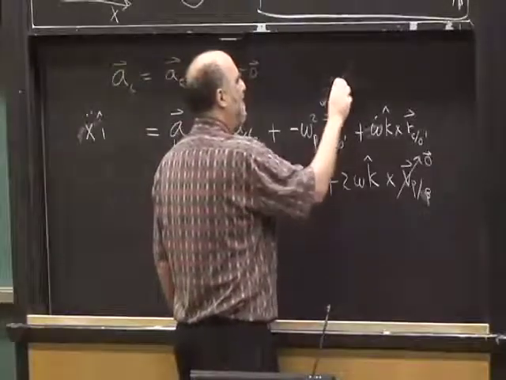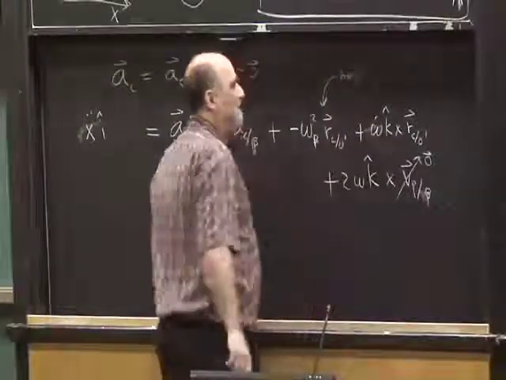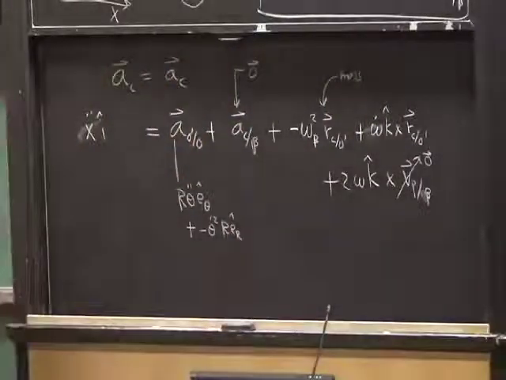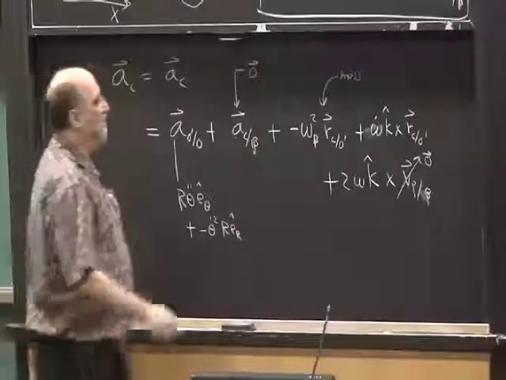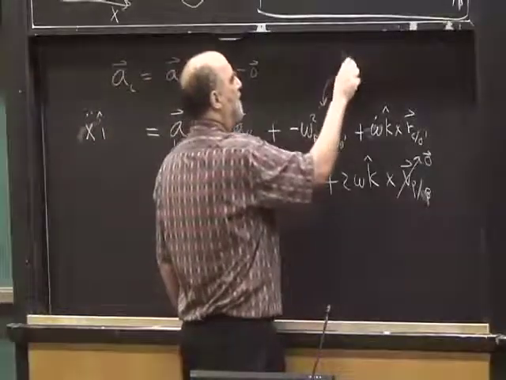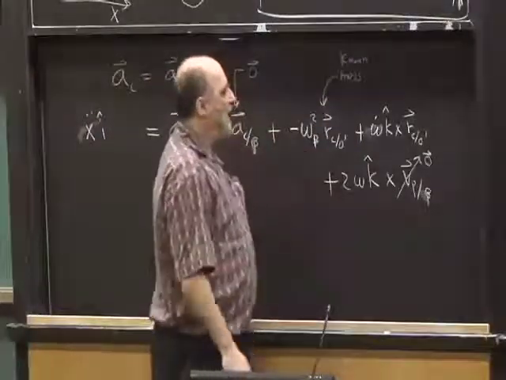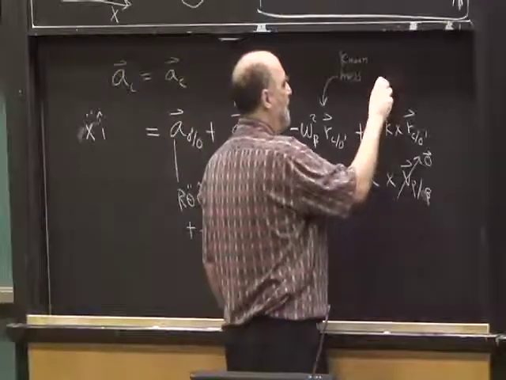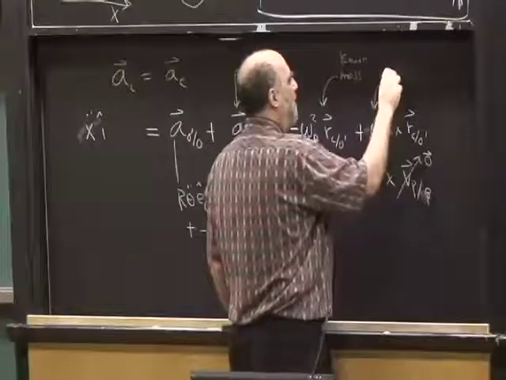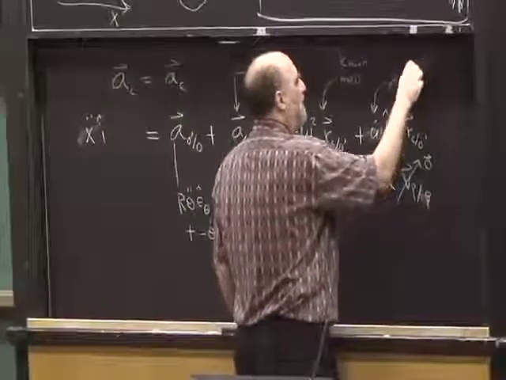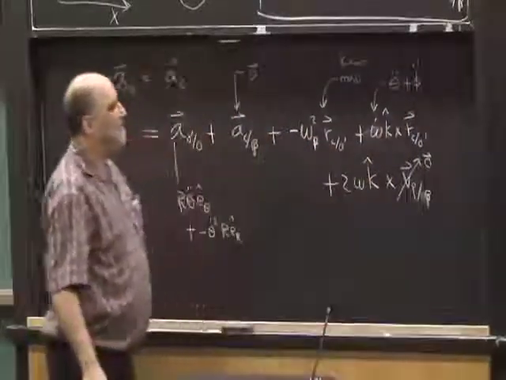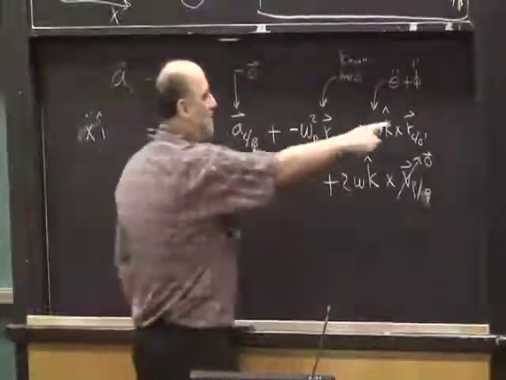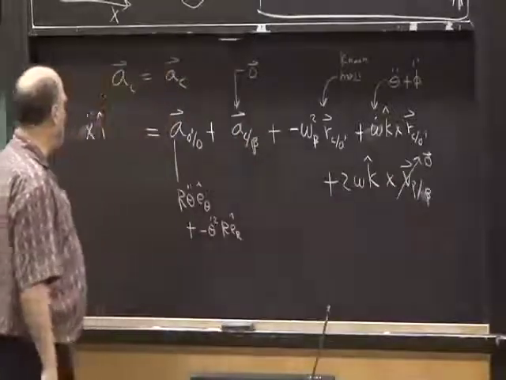What about this term? Here is the mess, but you can figure out what that mess is. So it's known in terms of the given configuration. It's a known mess. How about this term? Well, there's our theta double dot plus phi double dot. So there's one of our unknowns. And then we have this known mess over here, and this is already 0.